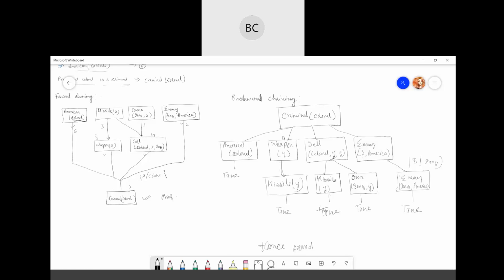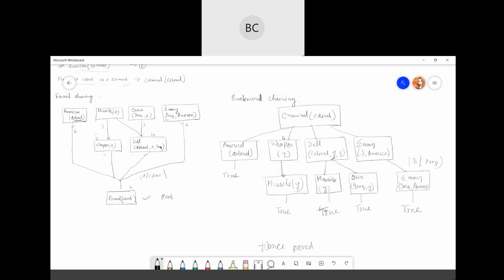Forward chaining is mainly suitable for planning, monitoring, control and interpretation applications. And backward chaining is suitable for diagnostic processes, prescription processes, debugging and so on.